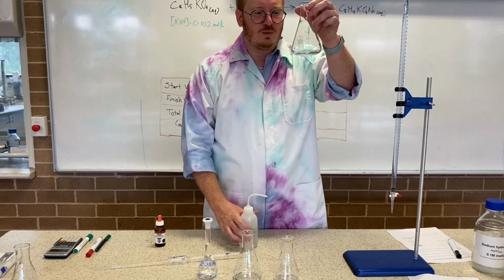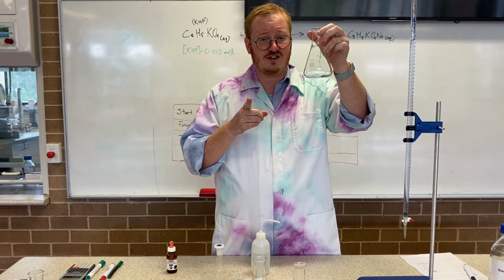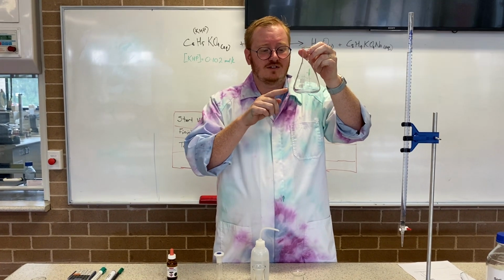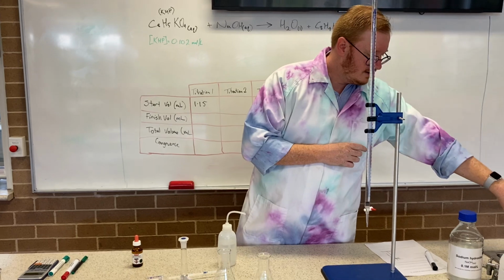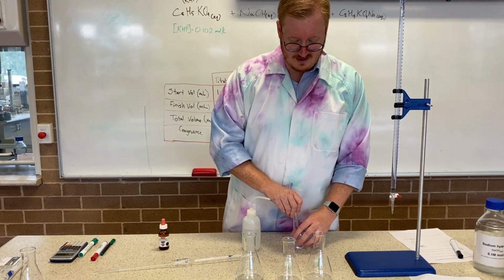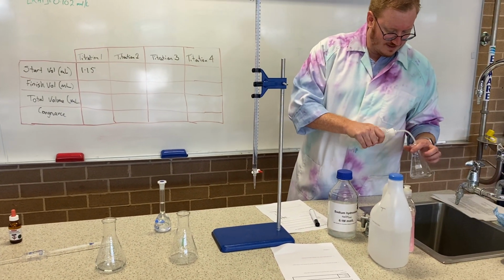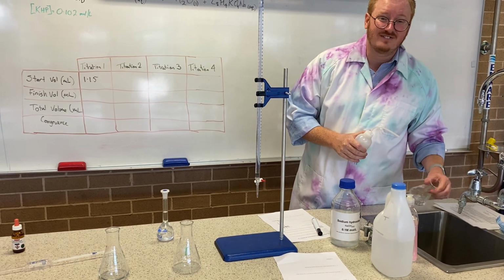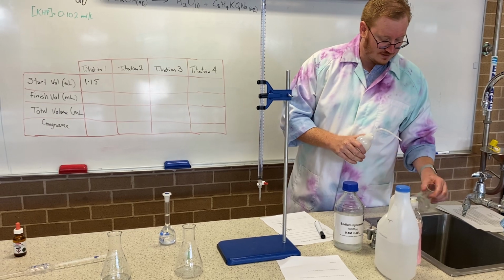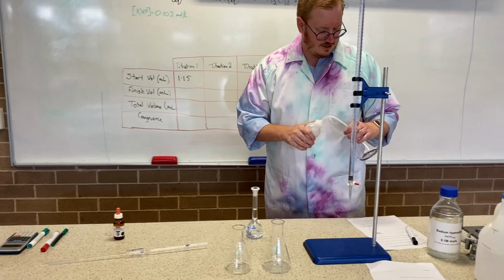So the fact that it's got a bit of water in there does not matter, because I'm delivering not a certain concentration, not a certain volume, but a certain number of moles. Even if I have a little bit of water left in there, it's not going to change the number of moles of acid that I'm putting in there. So for the flask that is receiving those, rinsing is just twice with distilled water. Do all 3 at the same time.